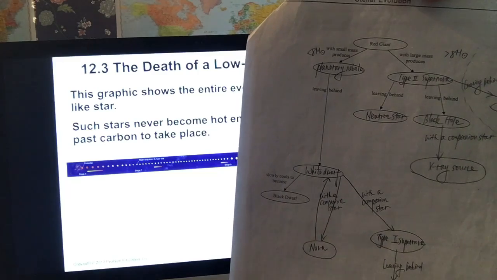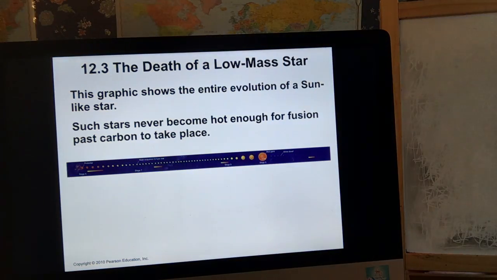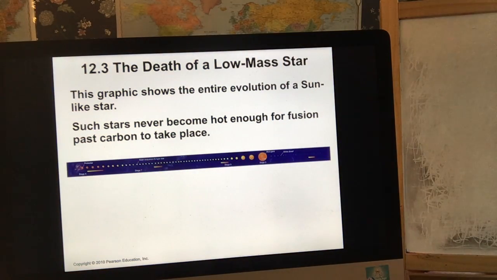You might want to take a look at it, but depending on whether the mass is smaller or larger, the stars are going to go through very different paths.